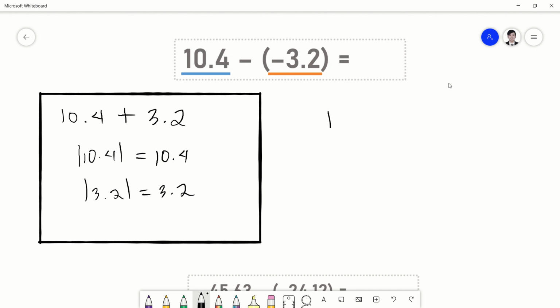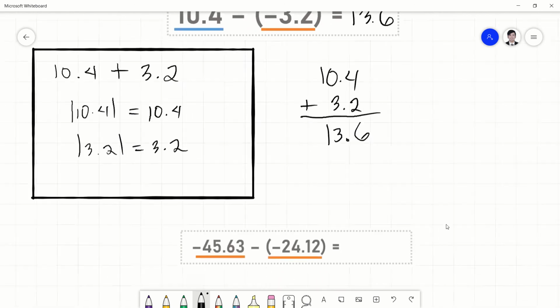Then you add them, 10.4, 3.2. So 6, 3, 1. Then align the decimal point, so you have 13.6. And both are positive, therefore the answer is 13.6.